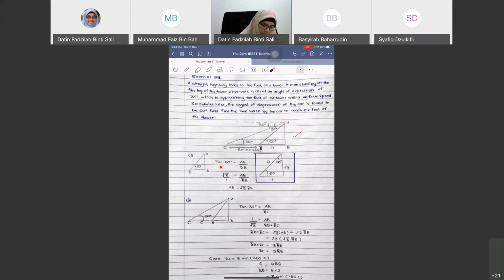So tangent 60 is AB over B with a bar and then B. You express your AB in terms of √3 times B with a bar and then B. That is AB. So this is like one equation, equation 1.